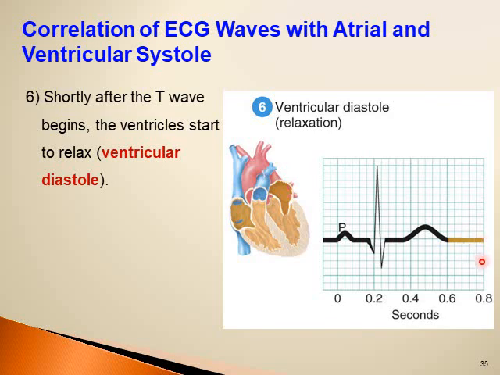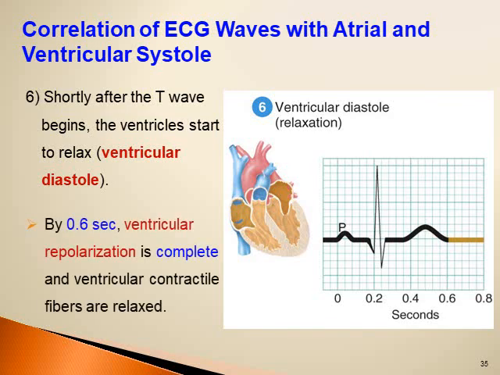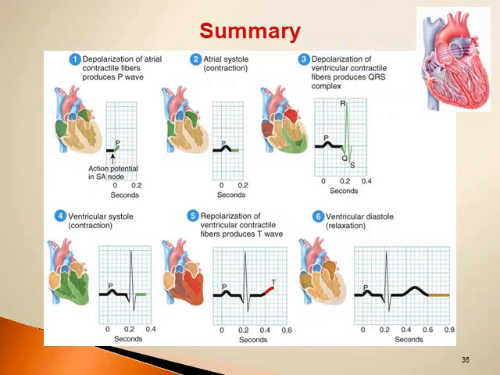So we can predict that ventricular diastole will start shortly after the beginning of the T wave and will continue after the T wave. By 0.6 seconds, ventricular repolarization is complete and the ventricular contractile fibers are relaxed.